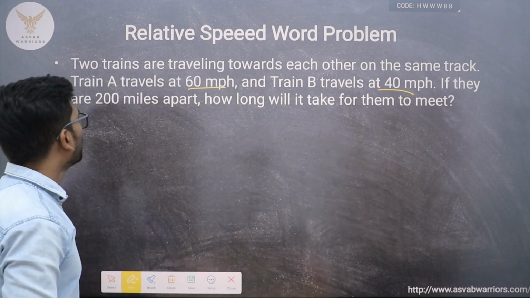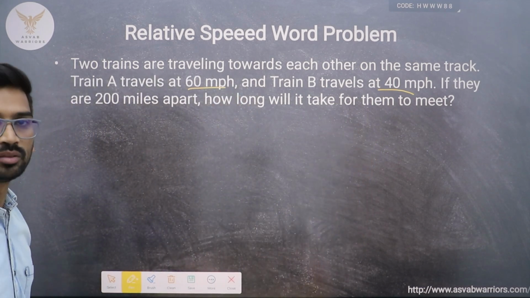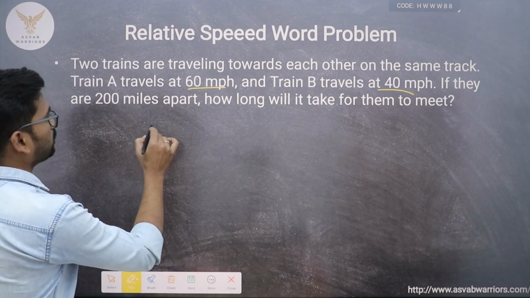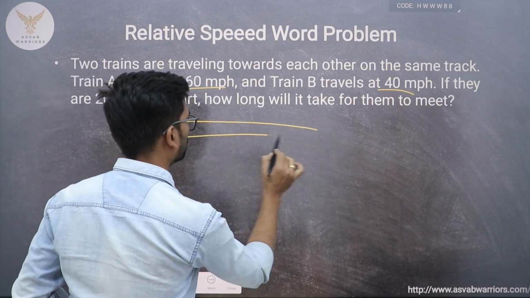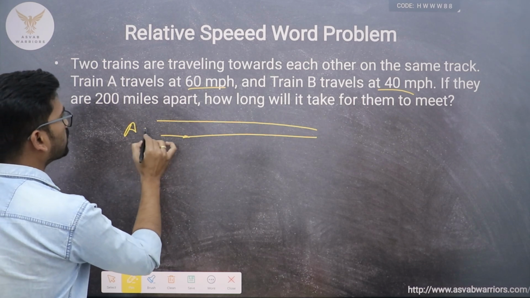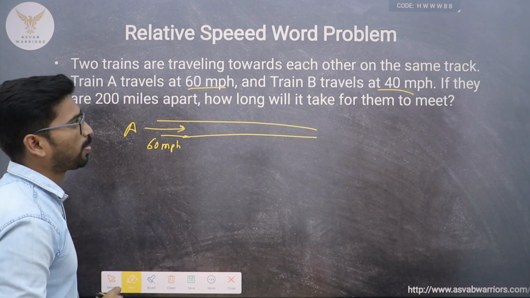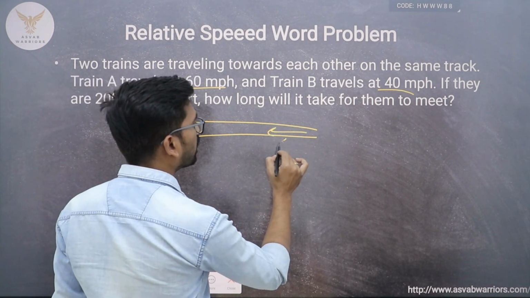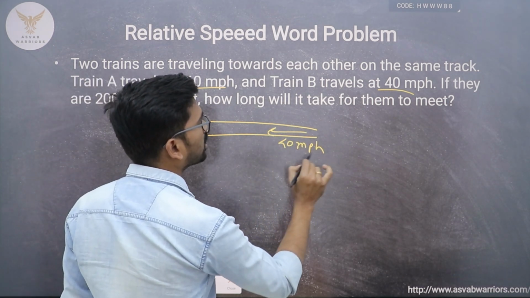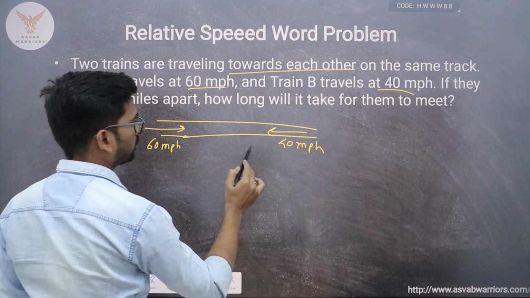If they are 200 miles apart, how long will it take for them to meet? There is a track, and on this track train A is traveling at 60 miles per hour speed and train B is traveling at 40 miles per hour speed, and they are traveling towards each other.